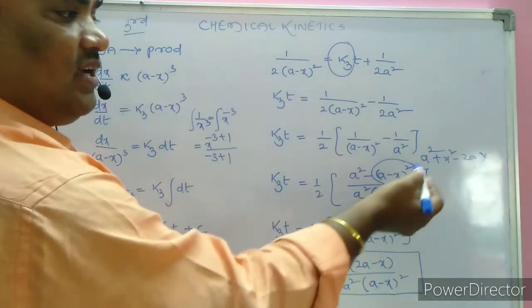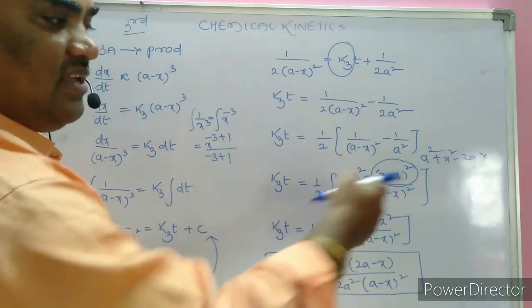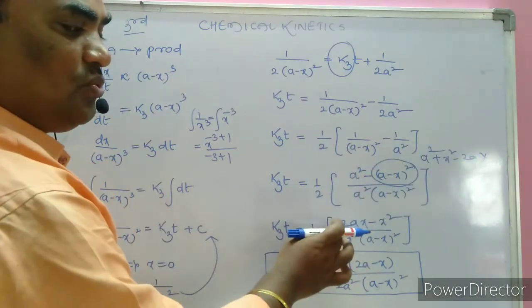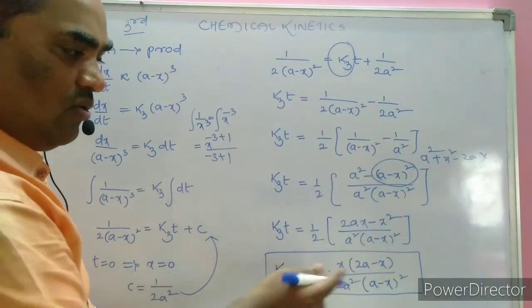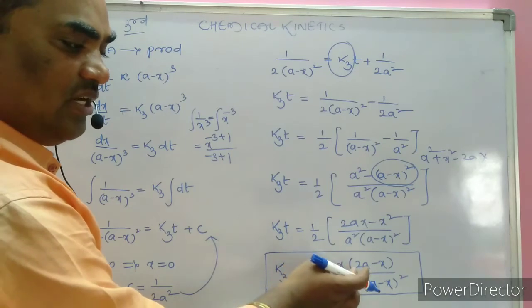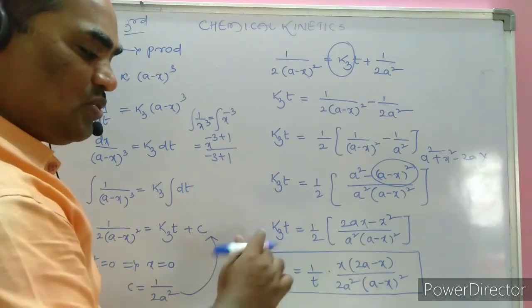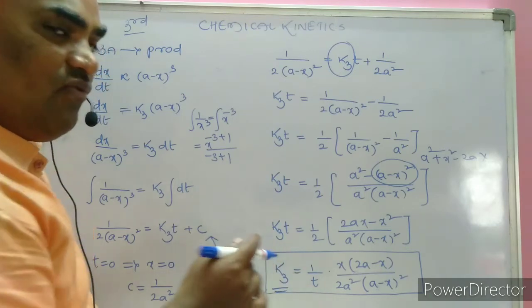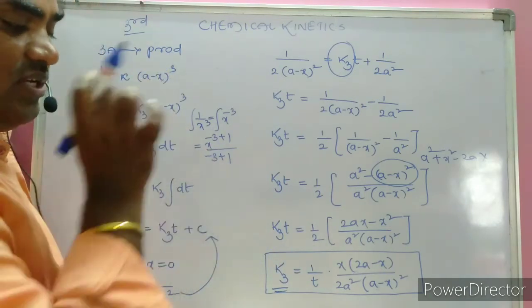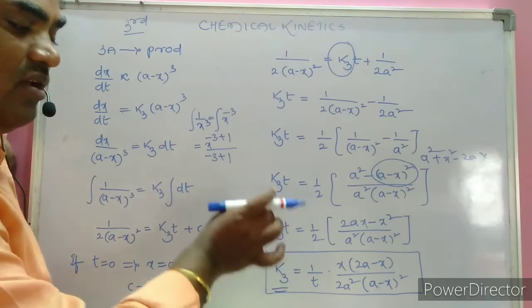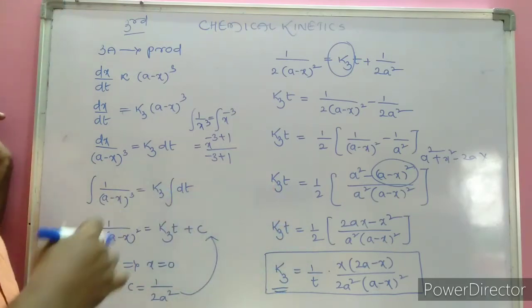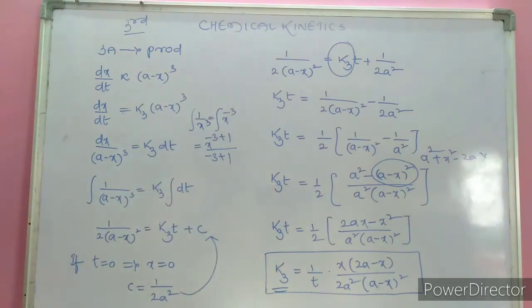Again a square gets cancelled; minus into minus is plus, giving 2ax minus x square. Now x is taken out: K3 equals 1 by t into x(2a minus x) by 2a square (a minus x) whole square. For higher studies this K3, the third order specific rate constant expression, is very important.